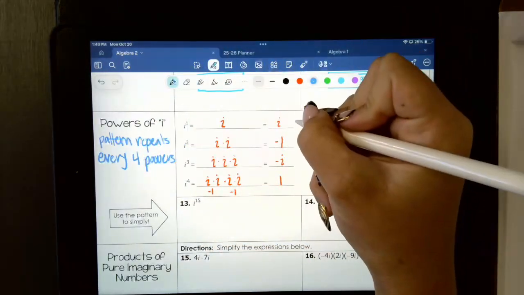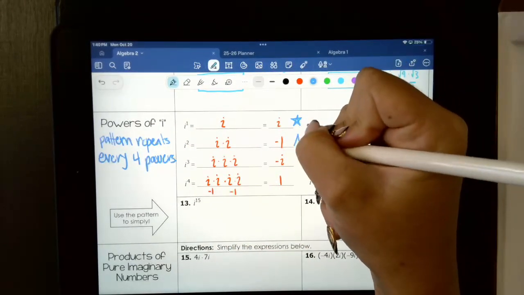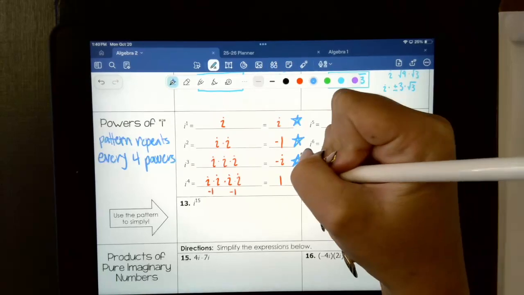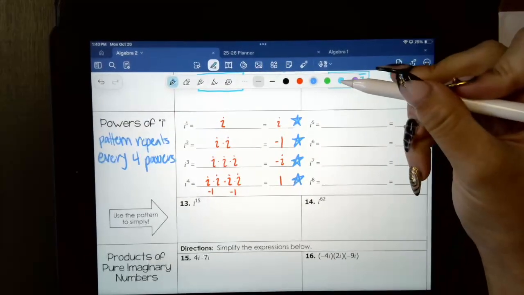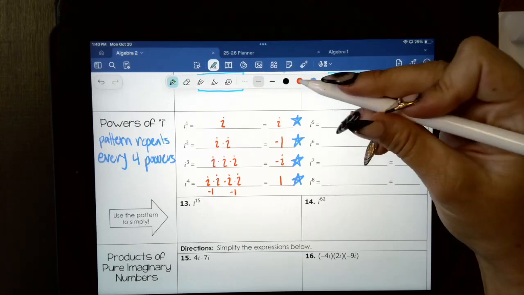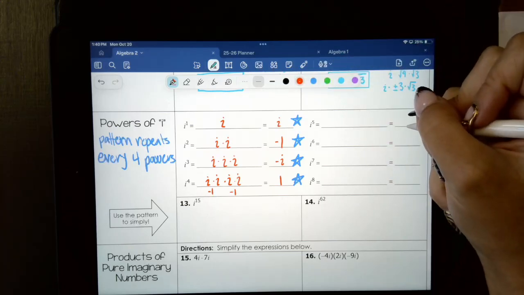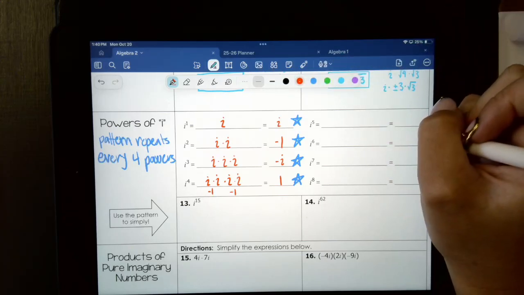So these 4 are what you base everything off of. So if that is the case, what are we going to have for i to the 5th?